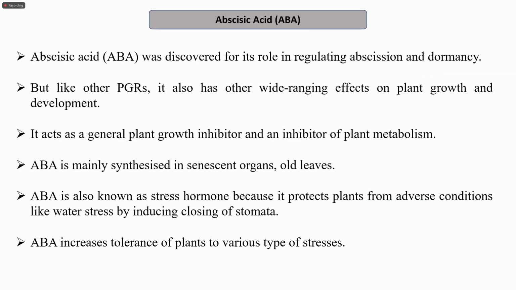Right? So these are the three growth promoting hormones. The next is abscisic acid, which is a growth inhibiting hormone. It was discovered for its role in regulating abscission and dormancy, that is, the period of suspended growth.